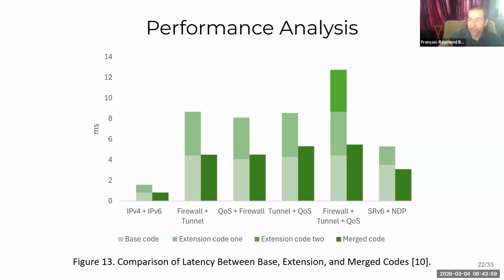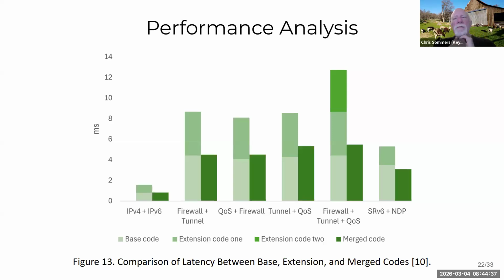So the IPv6 plus IPv4 is a little bit slower, but almost exactly the same as the IPv4 on the left column. So if you were running each code separately, you would have almost the same performance as merging them. In fact, merging does not increase much compared to one of the base codes. But if you run both base codes, then you have duplicated code, and you lose time doing the same things twice.